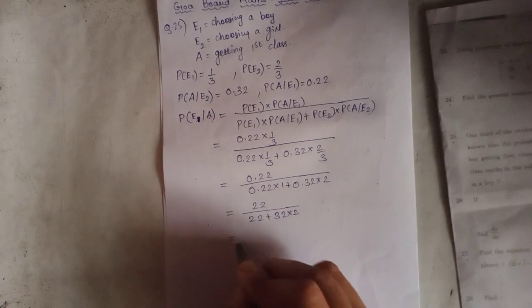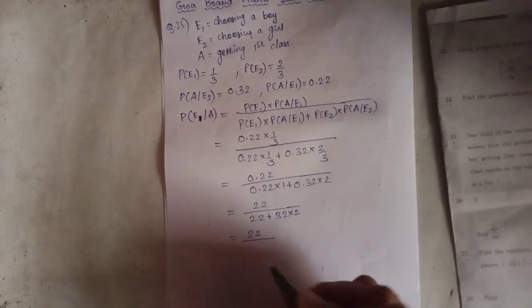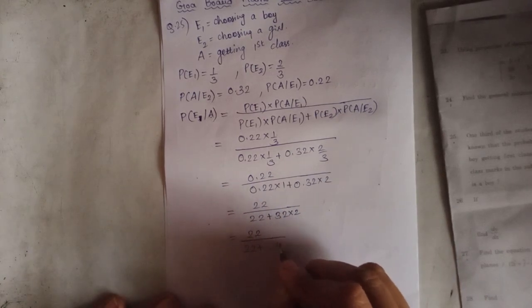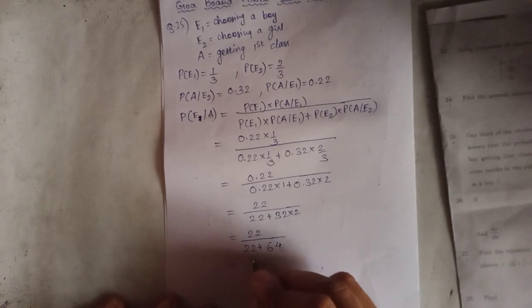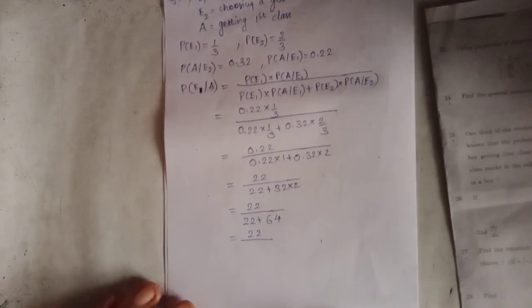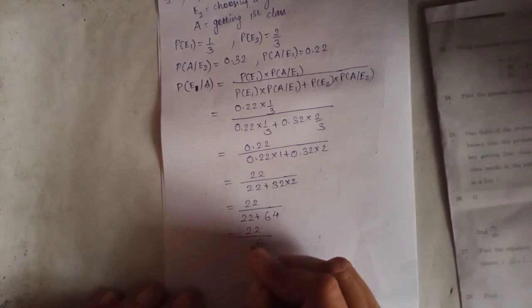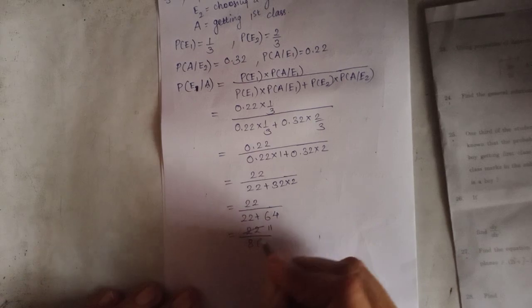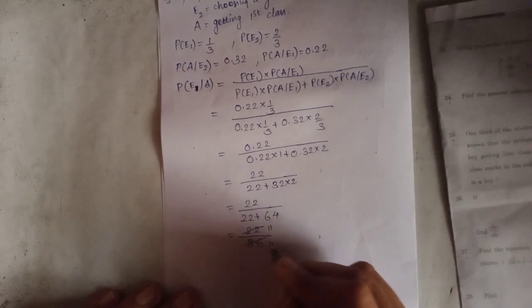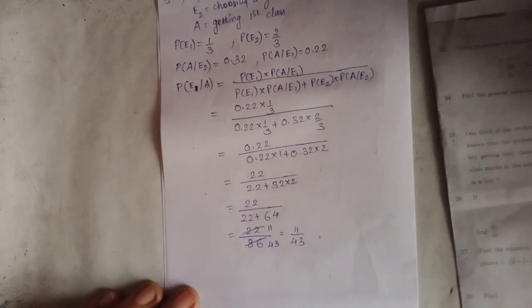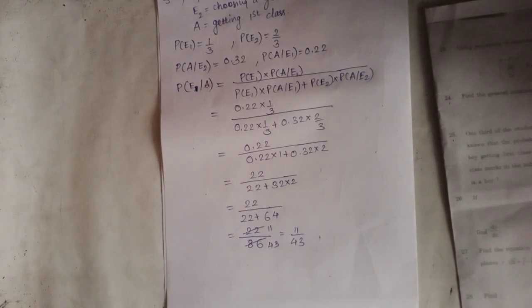Okay, so this is 22 plus 64, which is 86, and on simplifying this is 11 by 43. This is the probability of a student getting first class and being a boy.